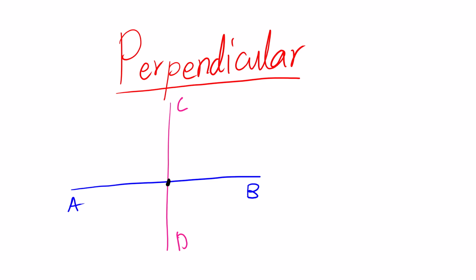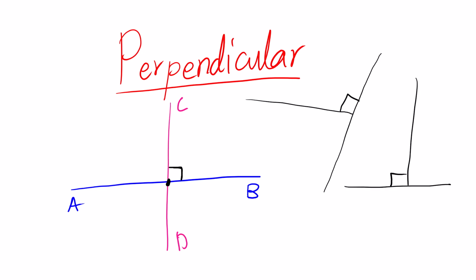This is the point whereby two lines intersect each other. If the point where two lines intersect each other forms 90 degrees, then you say the two lines are perpendicular to each other.